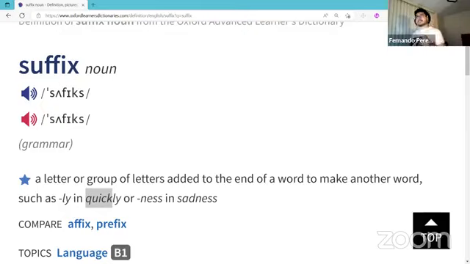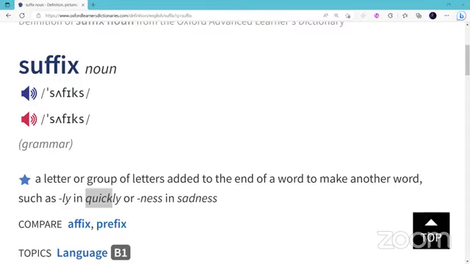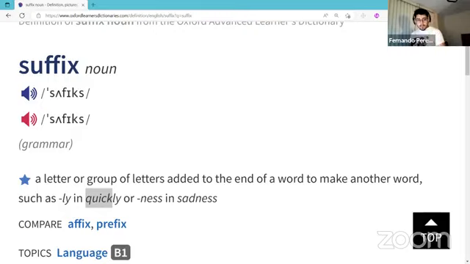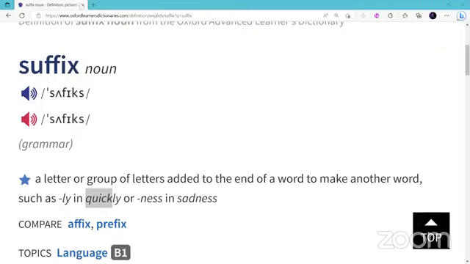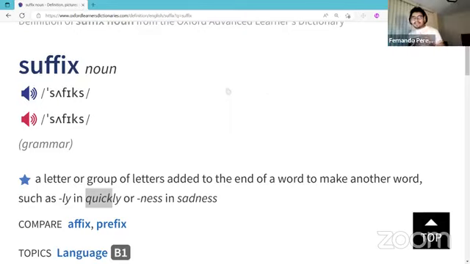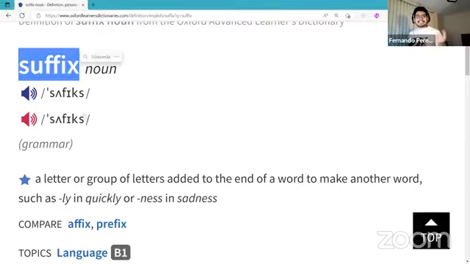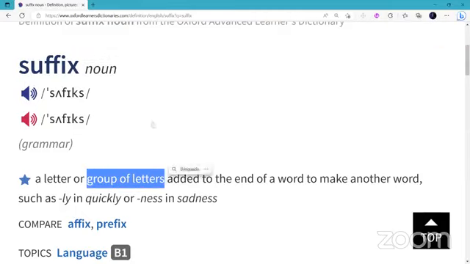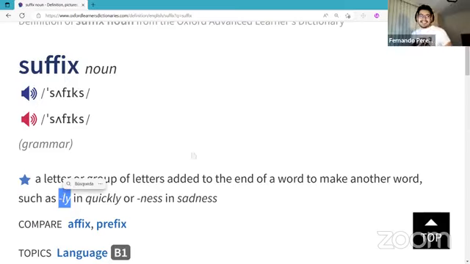Well, the adjective turns into an adverb, no? But the action of doing this is suffix. It's not the action. The suffix is the group of letters. The -ly is the suffix. Exactly. Okay.